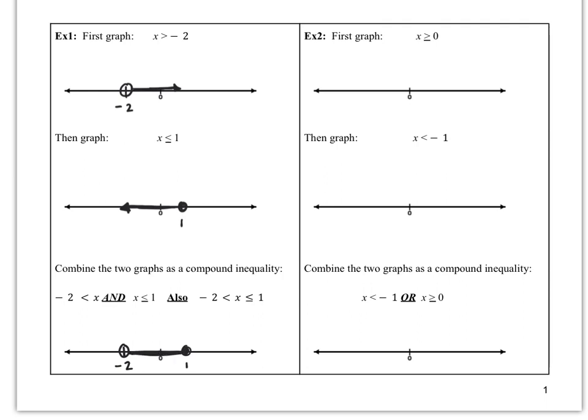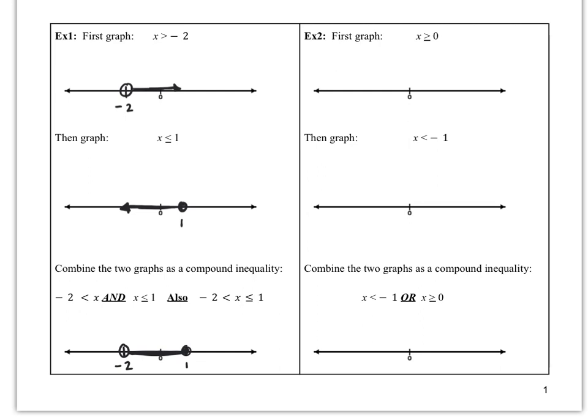So this is saying that x has to be at the same time 1 or less and greater than negative 2. So the numbers in this shaded region plus the circle at 1 would satisfy that inequality. For an and compound inequality, you can also write it like this, which we've seen when we did domain and range. So it's the two graphs where they overlap.